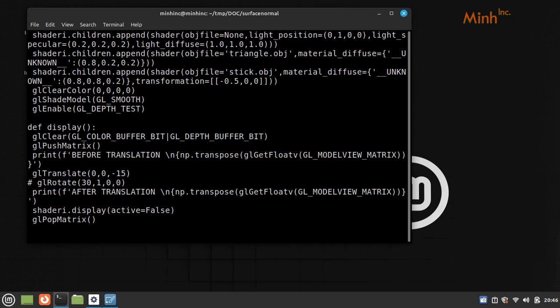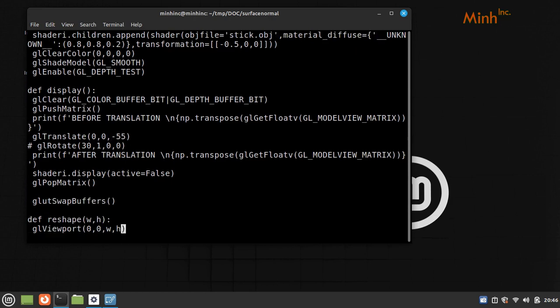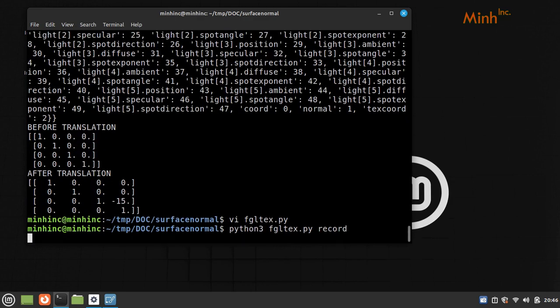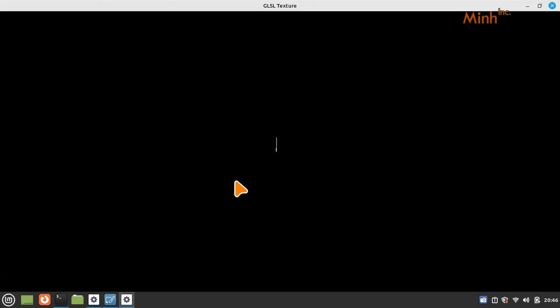Everything is going minus 15, meaning from the origin it is shifting minus 15 in the minus z direction. If I do minus 55, it will start very small at the beginning. Can we see?